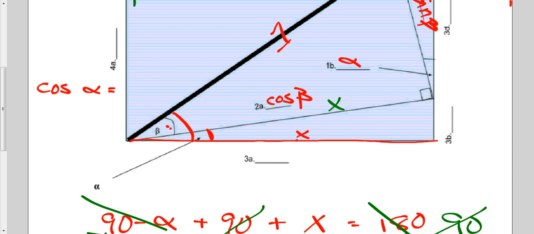It equals adjacent over hypotenuse. So it equals x over, well, I found my hypotenuse already. It's cosine of beta. So now, solve for x. What do you think x is?